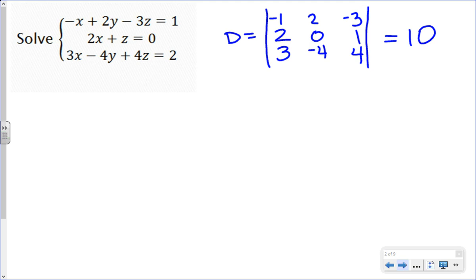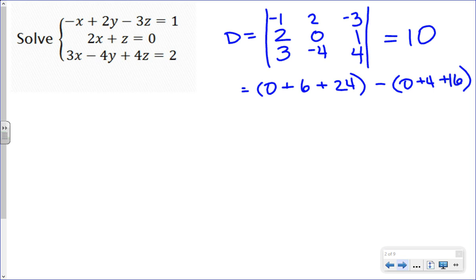Your work should be 0 plus 6 plus 24, correct? Minus 0 plus 4 plus 6, 18. You finish and get 10. Was it a negative that you missed?